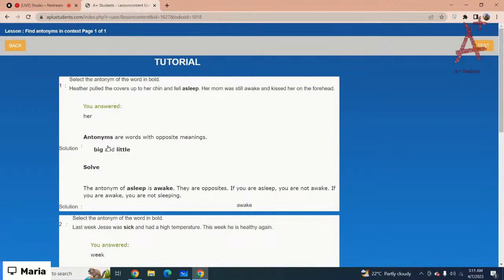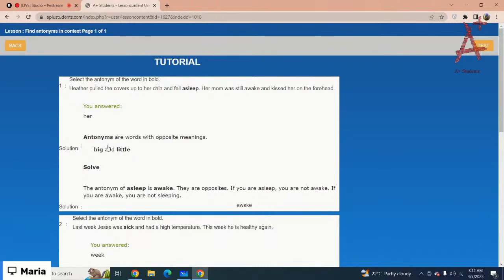Heather pulled the covers up to her chin and fell asleep. Her mom was still awake and kissed her on her forehead. So basically, antonyms are the opposite of the word.